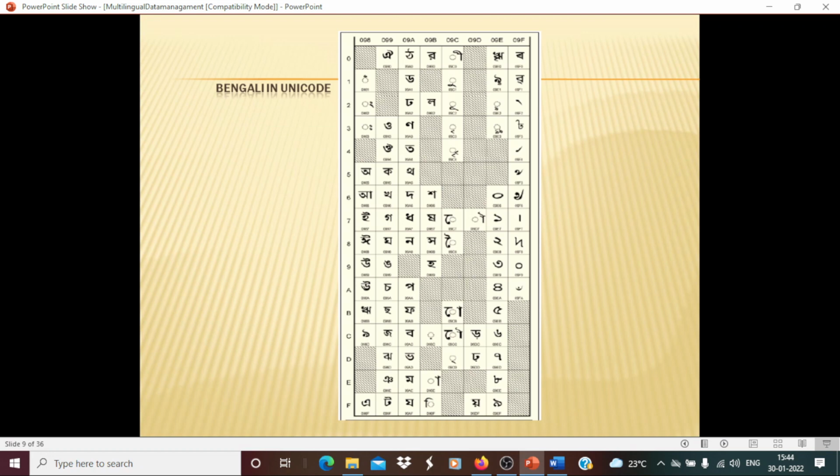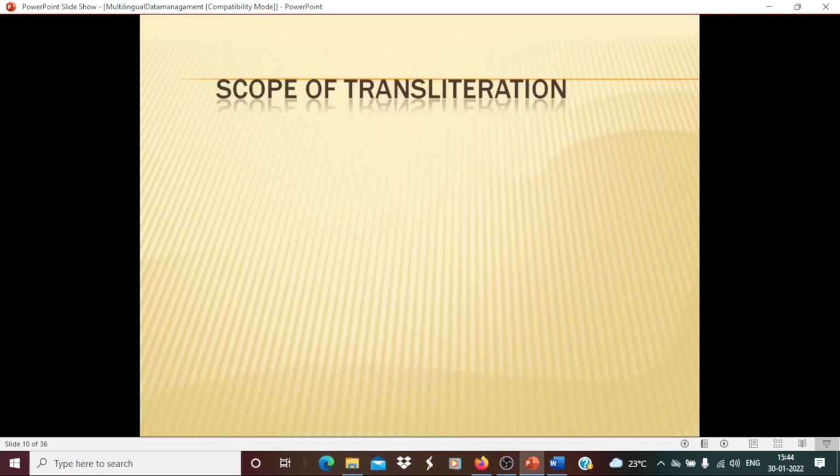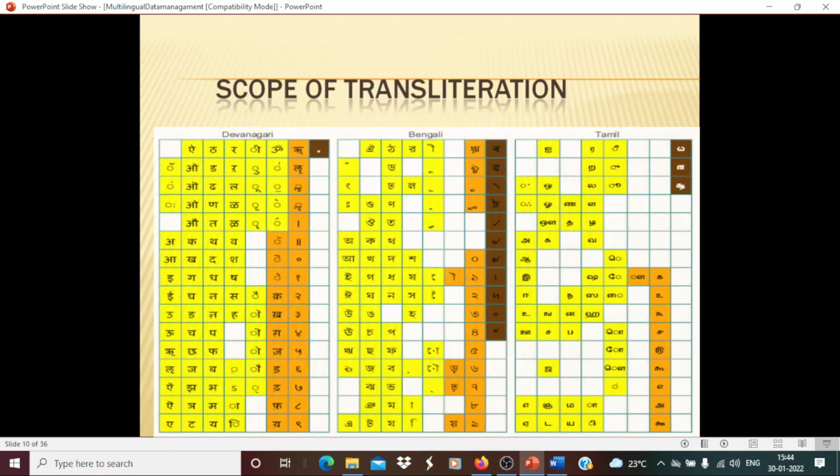This is the Bengali script in Unicode, and I am showing it because here you see the scope of transliteration.